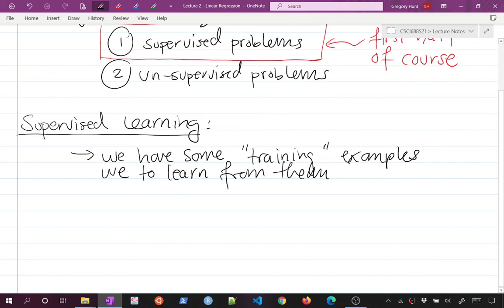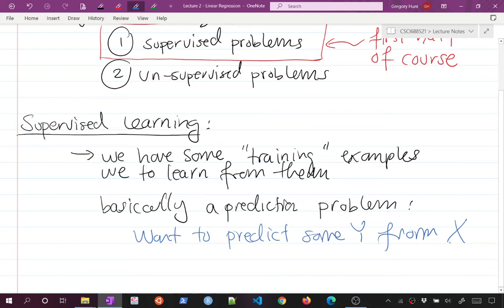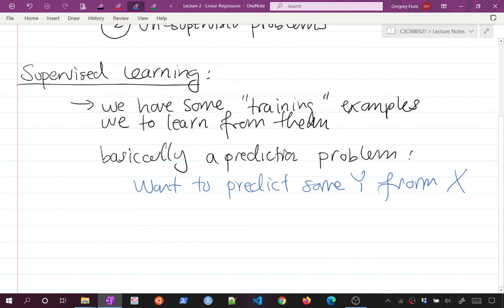So this is basically a prediction problem, where I want to predict some y from some x. And we're going to have examples of both y and x. So in the supervised context, we have examples of y and x, and we're going to use those examples to learn the relationship between these.